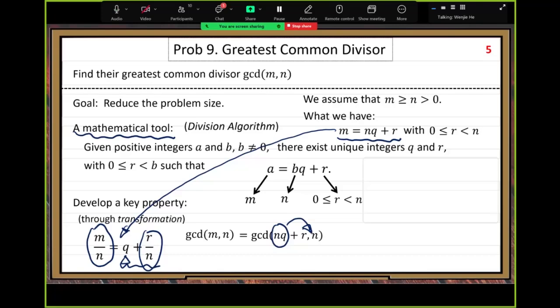So you can ignore it. When you look at the common divisor, you can ignore the Q term.